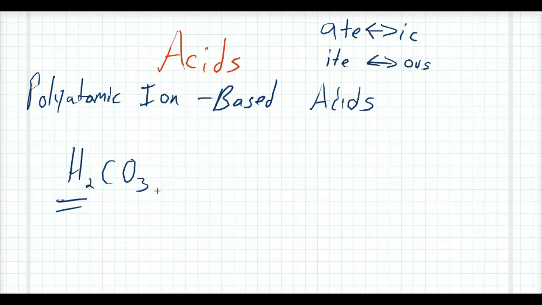It's coming from the root, the polyatomic ion is carbonate. Well, carbonate, we switch the ate to ic. Carbonic acid. It's usually pretty much straightforward going from the formula to the name, as long as you know the rule, ate-ic, ite-ous.